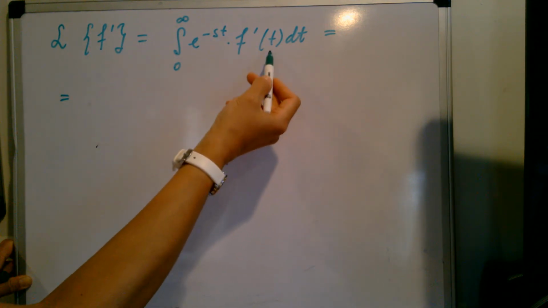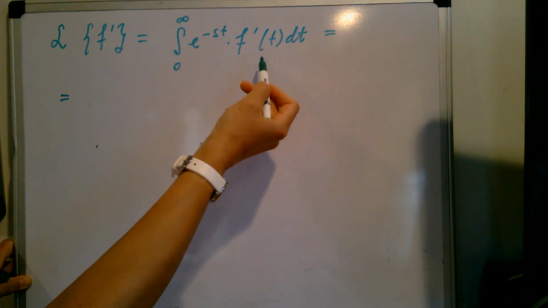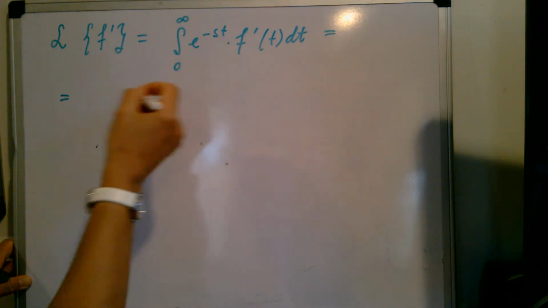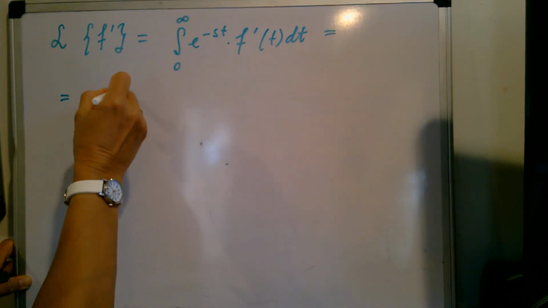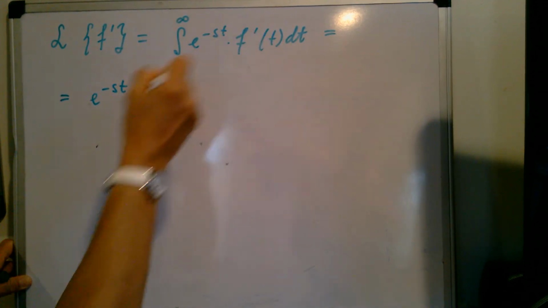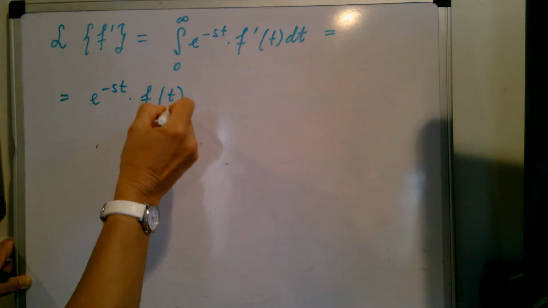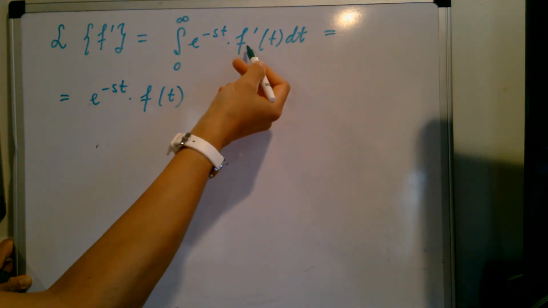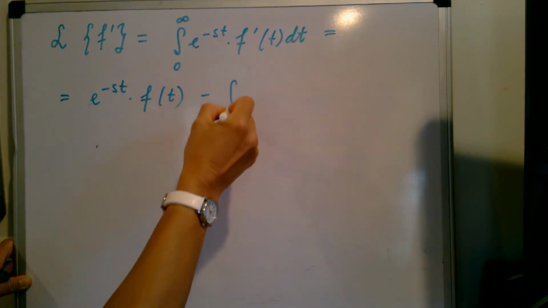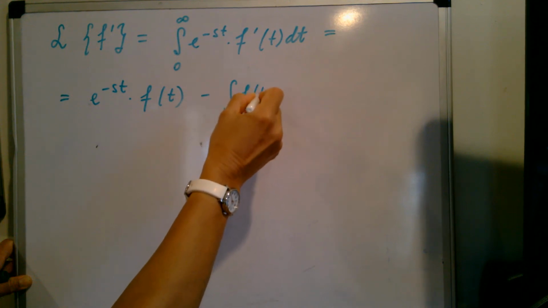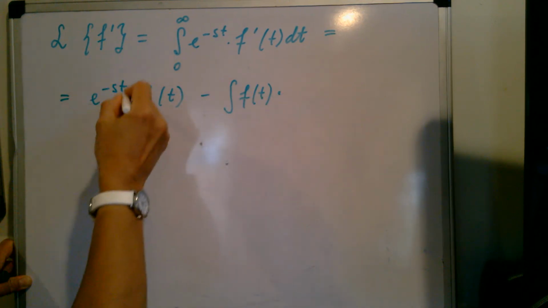So this is already a derivative, right? So I'm going to use it as a derivative, and this one is going to be my function. So my function is e to the power of negative st, and antiderivative of f prime is of course f of t, right? Because if you anti-differentiate this, then minus integral of antiderivative multiplied by derivative of this.